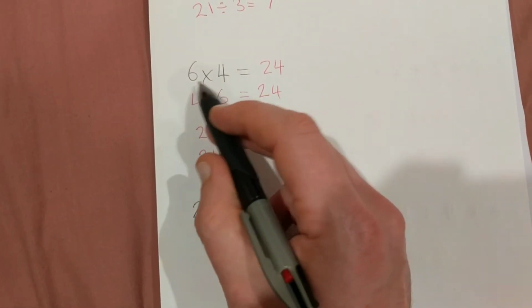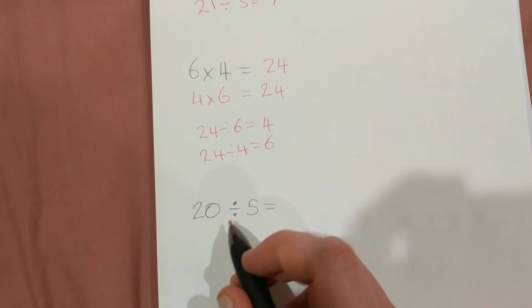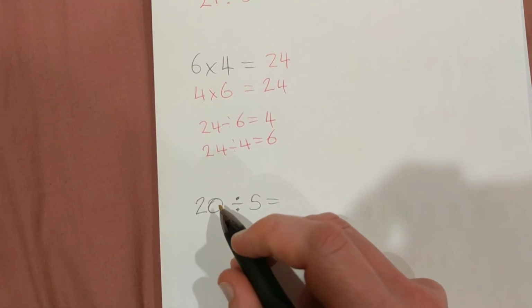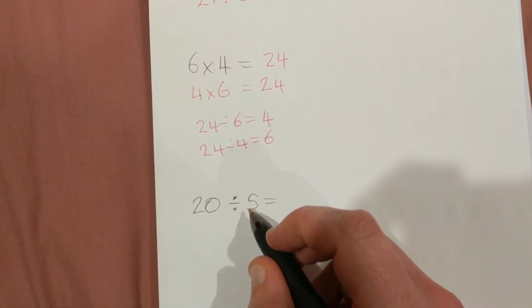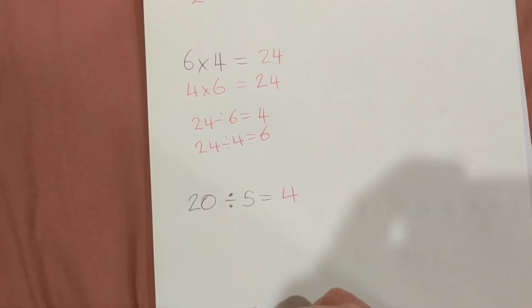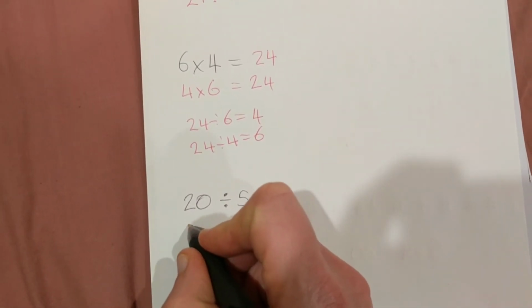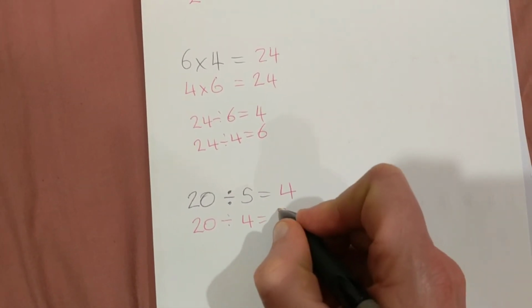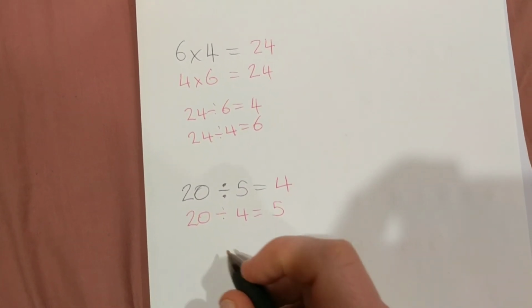So this time, instead of starting with the times table or the multiplication problem, we're starting with the division. So 20 frogs onto 5 lily pads equally would be 4 frogs on each lily pad. You can also say 20 frogs onto 4 lily pads would be 5 frogs on each lily pad.